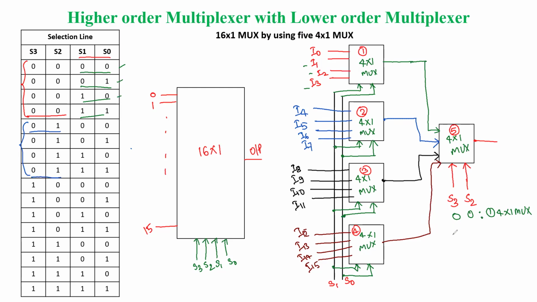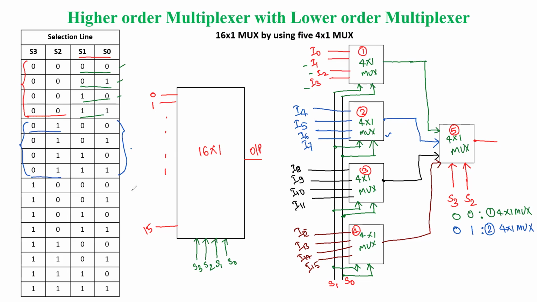So when S3 is 0 and S2 is 1, it will take input from the second 4x1 multiplexer. Again S3, S2 will be 0, 1, and the values of S0 and S1 will be changing for the second multiplexer, and it will select the outputs I4, I5, I6, I7 on the basis of the combination 0 0, 0 1, 1 0, 1 1.